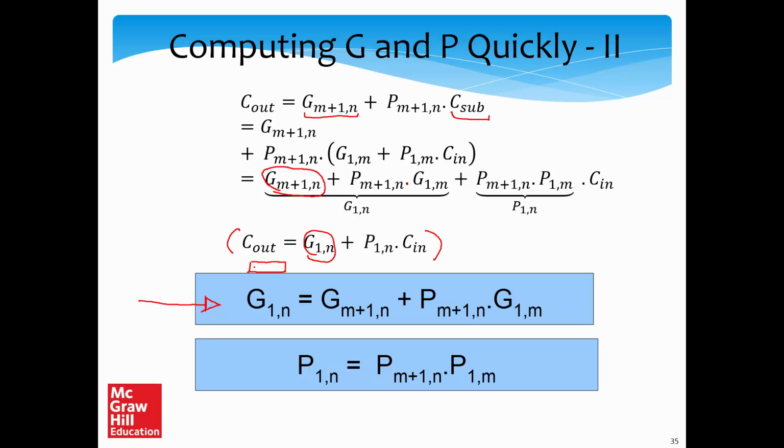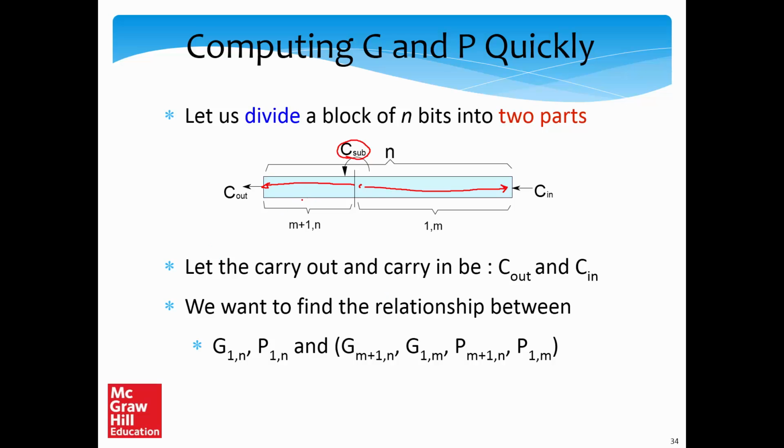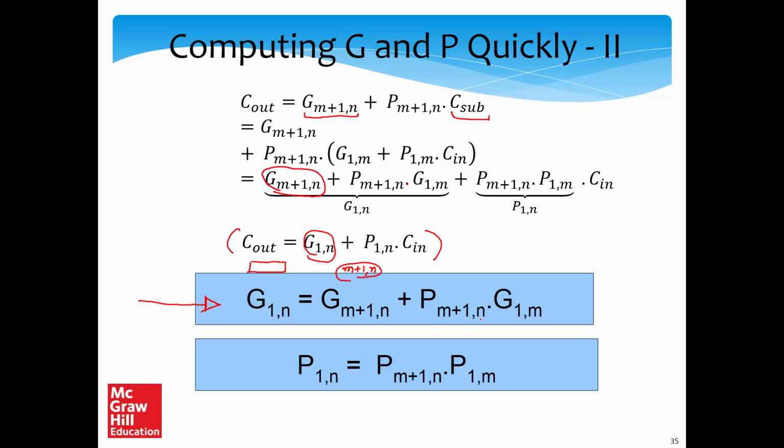It will generate a carry if the bits from m plus 1 to n, the rightmost subblock, are generating a carry, or if this subblock from the last n minus m bits is propagating and the other subblock consisting of the first m bits is generating a carry. That is pretty much the two ways in which a carry can be generated from the n-bit block.